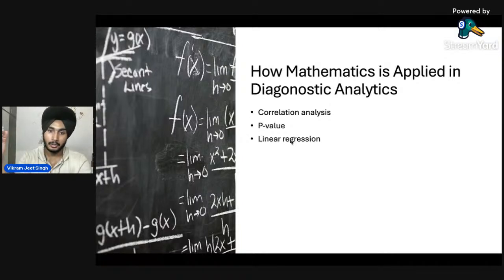Via that we also train our models using linear regression, and using that model we make predictions. Let's say if someone has studied 8 hours, how much marks will they achieve? Although this is a hypothetical example, based on the data and the formulas we have, we do this.